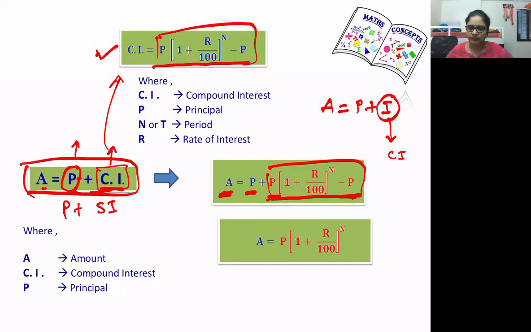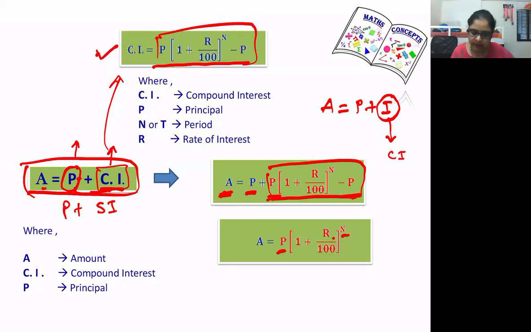Now, why have I done that? Let's see. This makes my formula for amount simpler. I don't have to calculate compound interest every time to find the amount. If I know principal and rate and number of years, I can calculate amount directly. How?